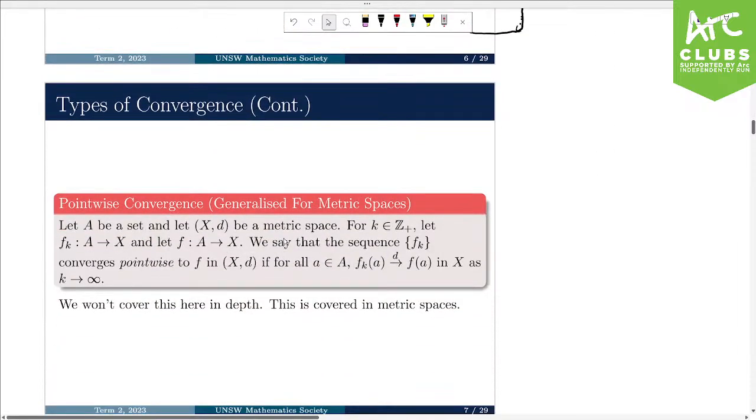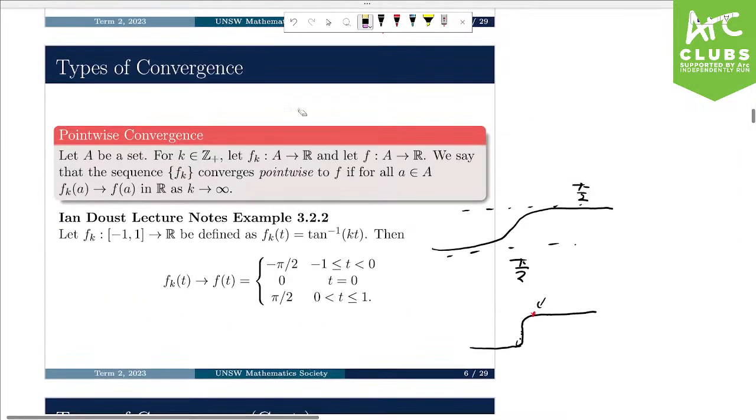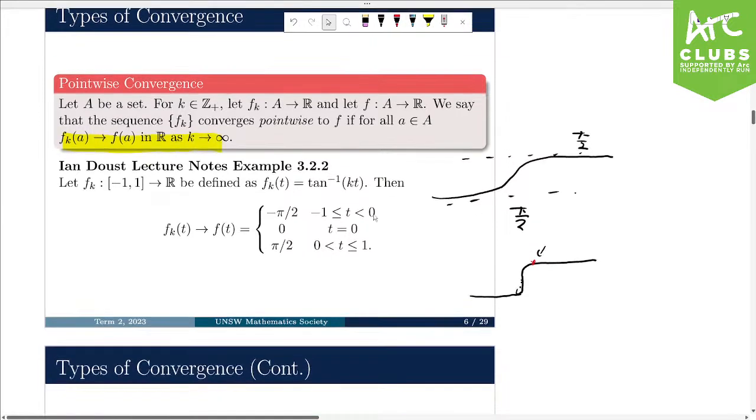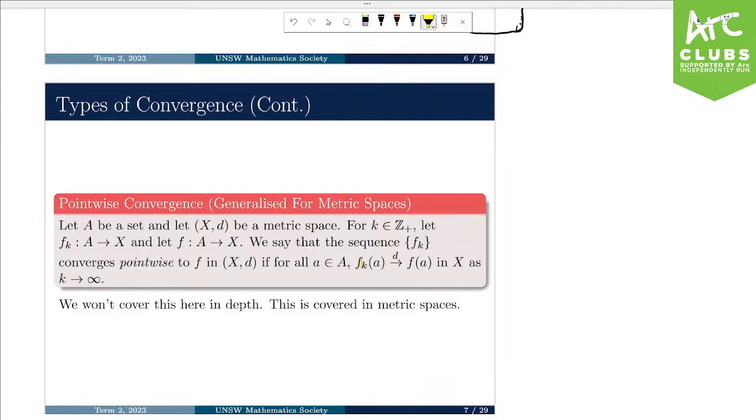So here is pointwise convergence generalized for metric spaces. So basically the only difference here is that instead of talking about convergence in R here, this just gets replaced with convergence in the metric space.